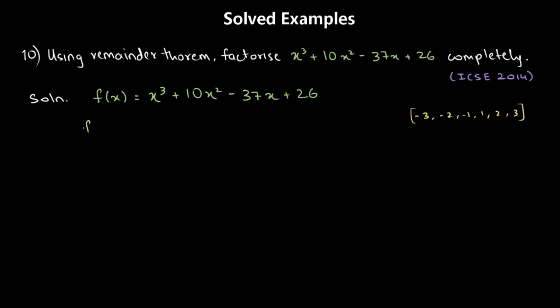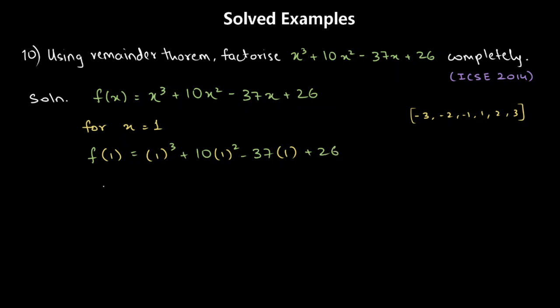So let's say for x equal to 1, I'll say f of 1 is equal to x cubed, which is 1 cube, plus 10x squared, so 10 into 1 square, minus 37x, so minus 37 into 1, plus 26, right?